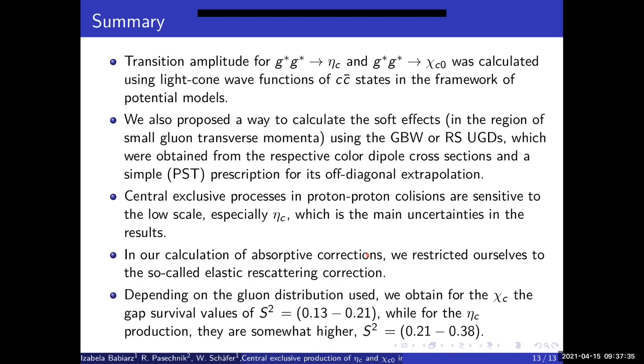So in this way, we estimate the gap survival probability for chi-C0 about 13 to 20%, and for eta C from 20 to 30%. I really thank you for your attention.